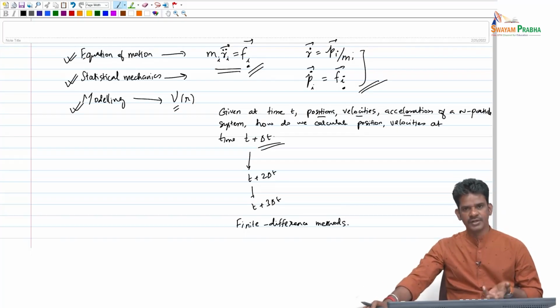Now there are many algorithms. First we will talk about the predictor corrector algorithm, and later on I will introduce some other algorithms as well.